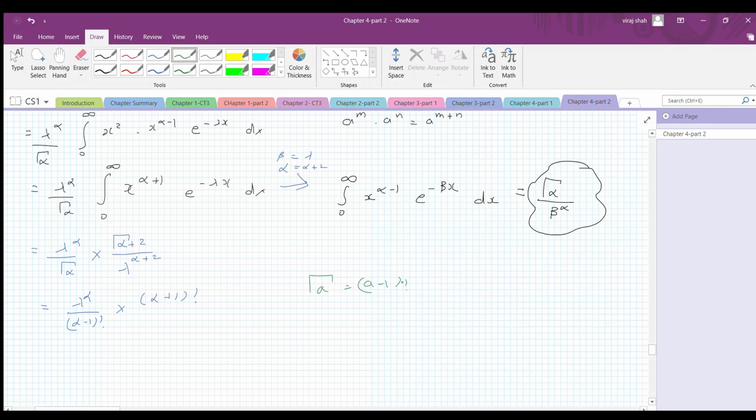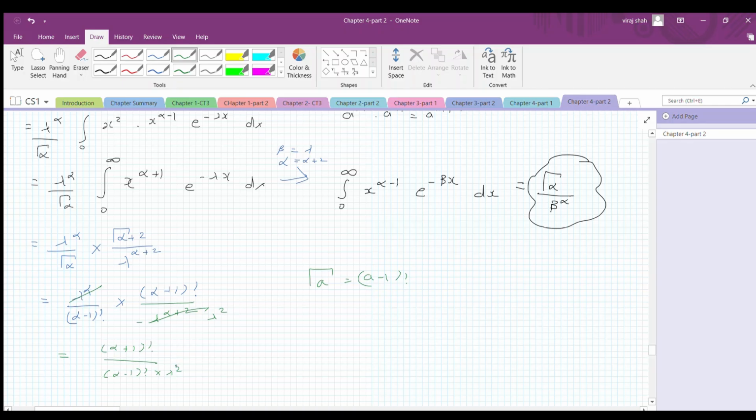Now going ahead, upon lambda raised to alpha plus 2. So if I cut this, I'm left with lambda square. So I'm left with alpha plus 1 factorial upon alpha minus 1 factorial into lambda square, right?